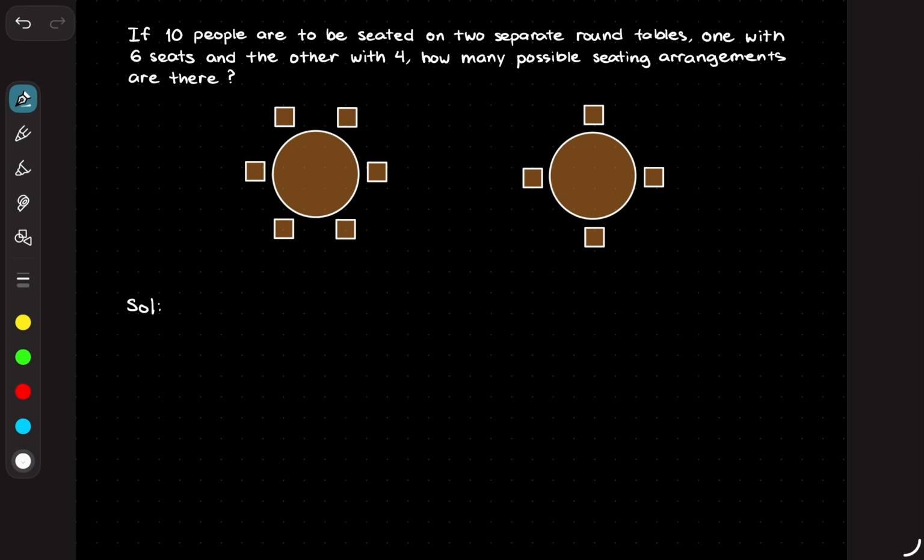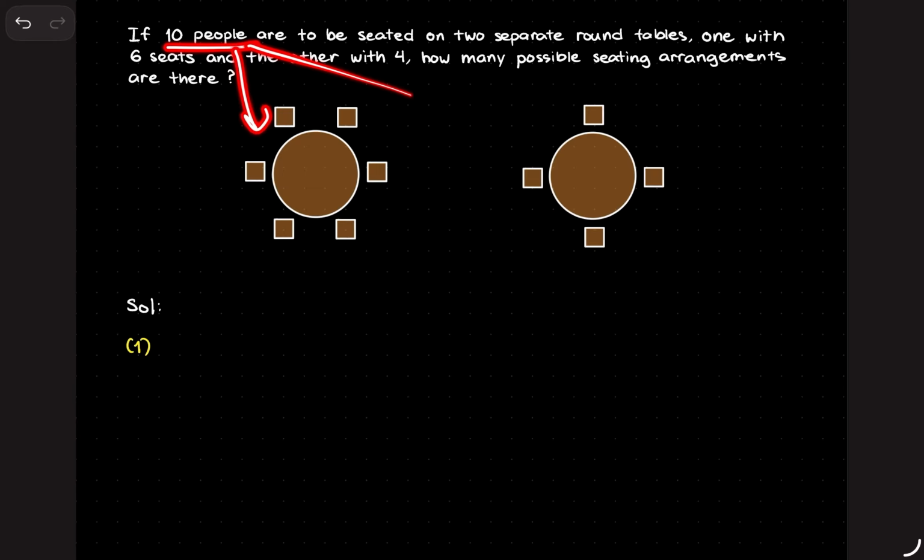So to solve this problem, you just need to visualize how it would work in real life. So let's say we have a group of 10 people, and our goal is to arrange these 10 people out here. The very first thing that will be decided upon is who sits at which table.